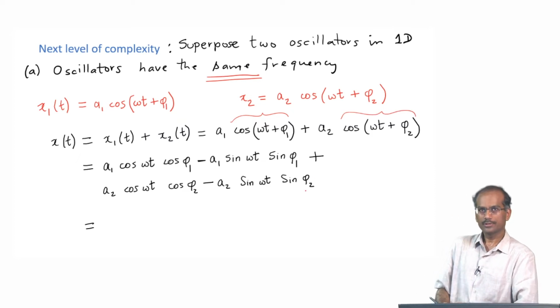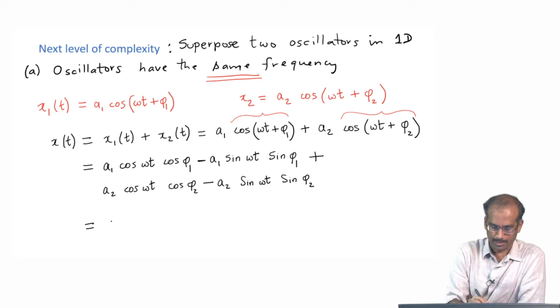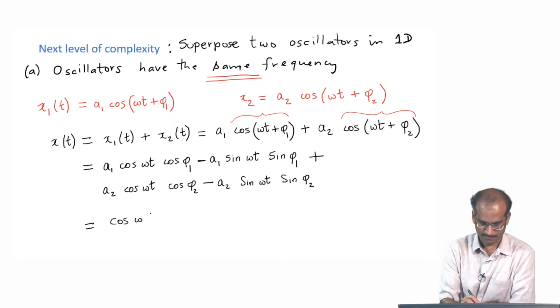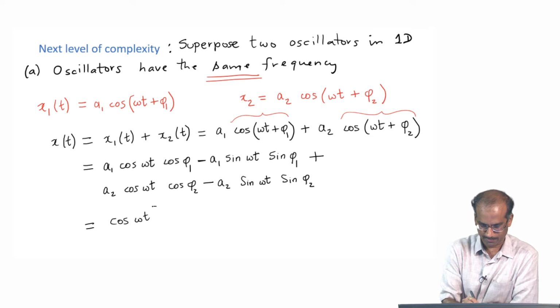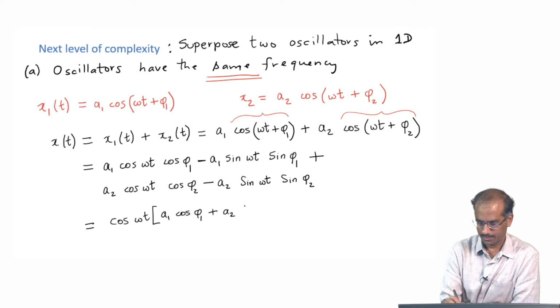Now, what I will do is separate out cos omega t and sin omega t. So, let me first take cos omega t. If I take cos omega t out, I will have A1 cos phi 1 plus A2 cos phi 2.